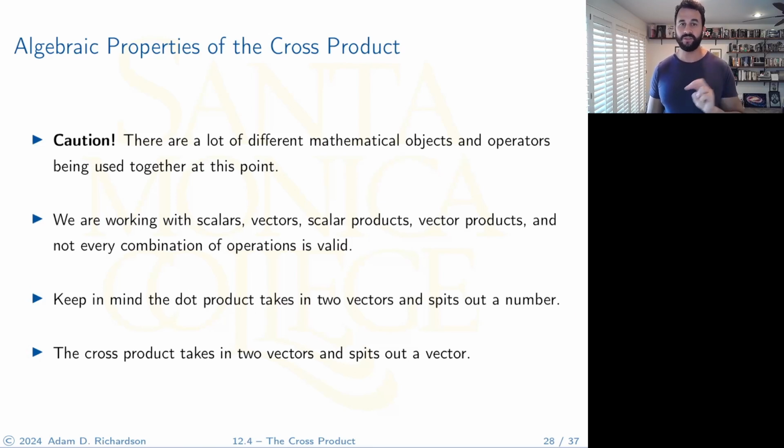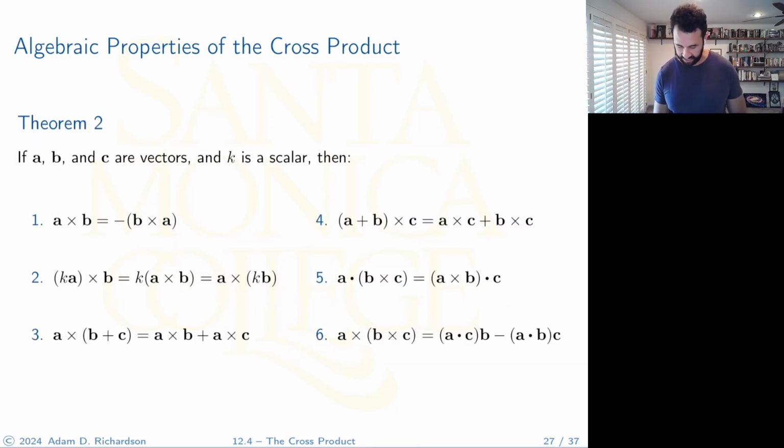It's non-trivial to think about how to multiply vectors or scalars and vectors or scalars and scalars, and there are all these combinations going on. So you have to take time to think about what the results of these operations are. We're working with scalars, vectors, scalar products, vector products, all sorts of things.